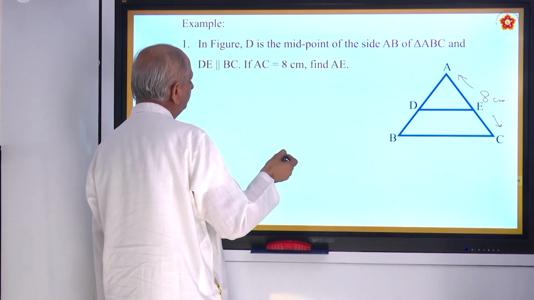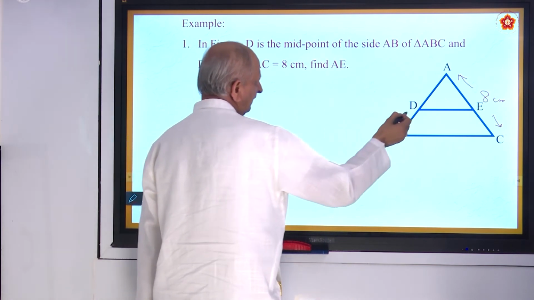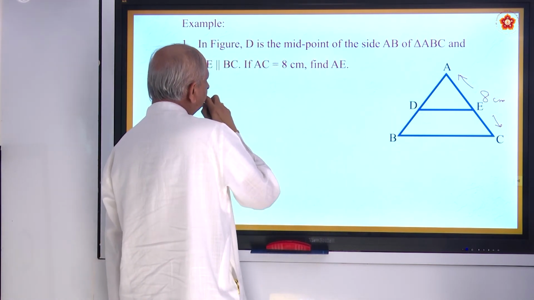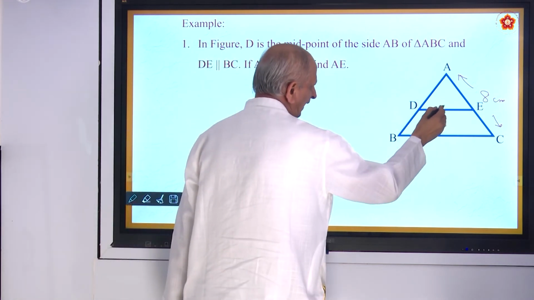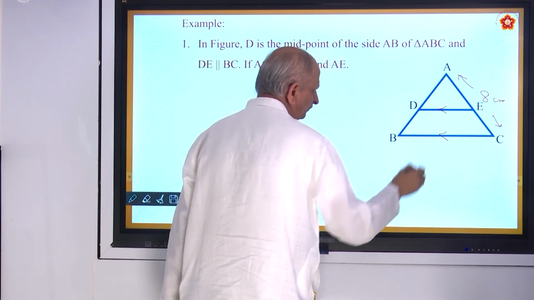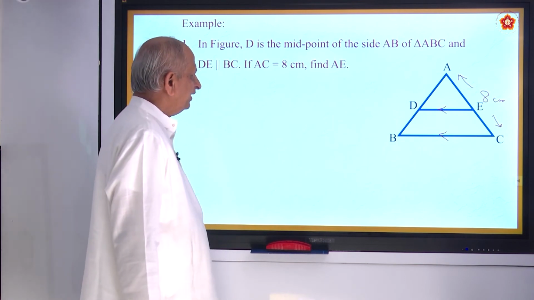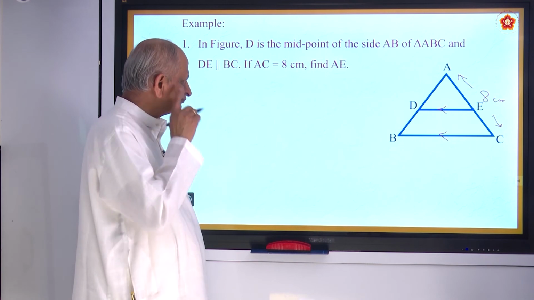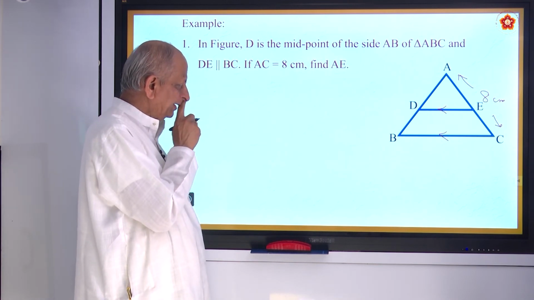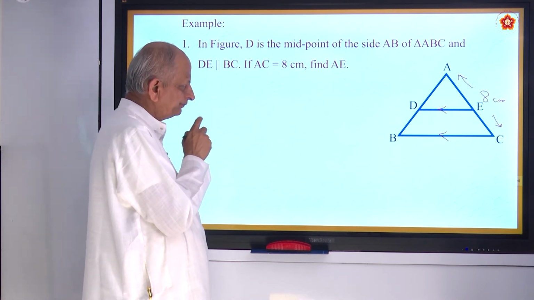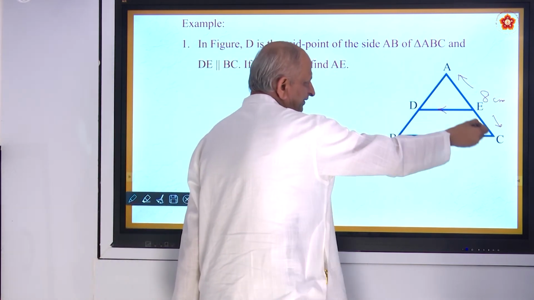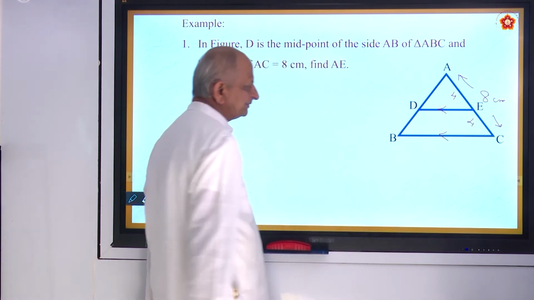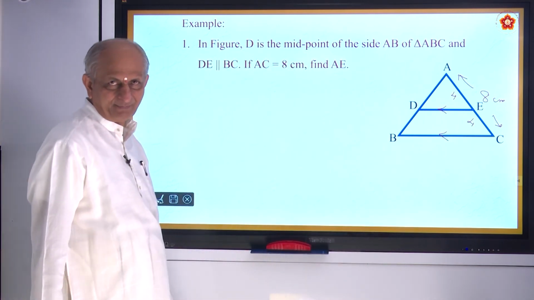You are given that D is the midpoint of AB, and this is drawn parallel to this. So they are asking, find AE. So what does that line drawn parallel make? That divides, na? So naturally it becomes 4 and 4 as per the converse of midpoint theorem.